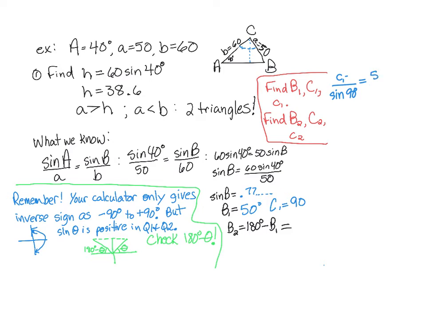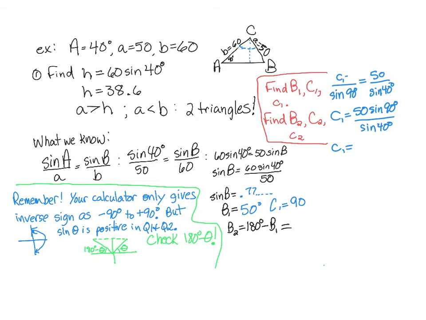A is 50, and the sine of angle A is 40. So side C1 is 50 sine 90, which is 1, over sine 40, and I get that side C1 is, hold the phone here, 50.